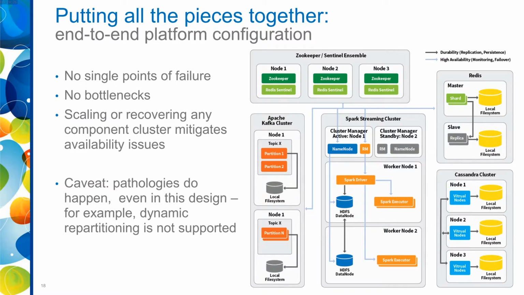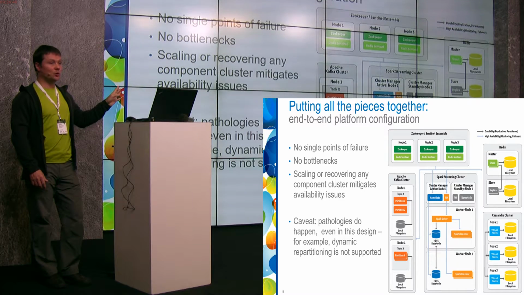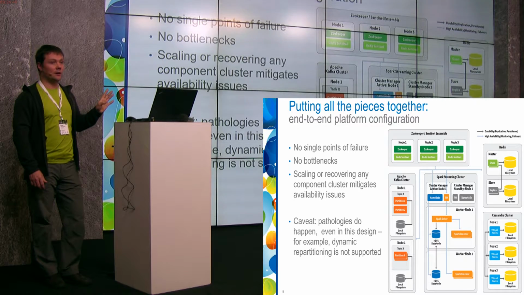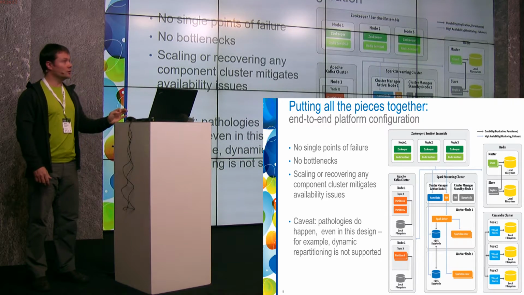So all functional modules are redundant, and we have no weak links, and scaling and recovering any component of the cluster mitigates availability issues. But we cannot say that this architecture is 100% reliable. It's because, like in any distributed system, the configuration of failures can have arbitrary complexity.